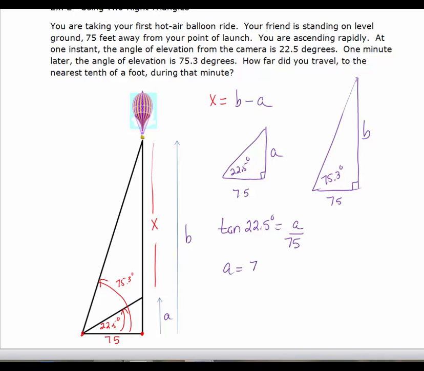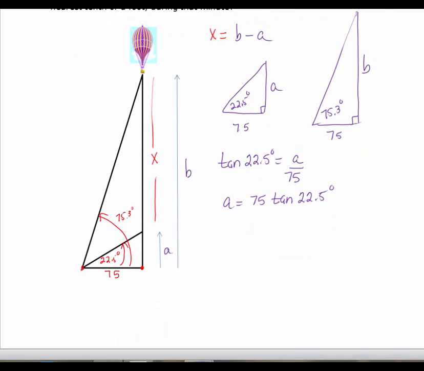I also know, using the second triangle, that the tangent of 75.3 degrees is equal to B over 75, opposite over adjacent again.